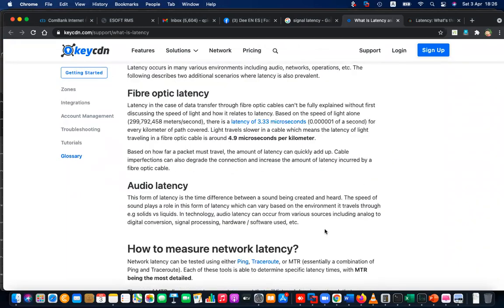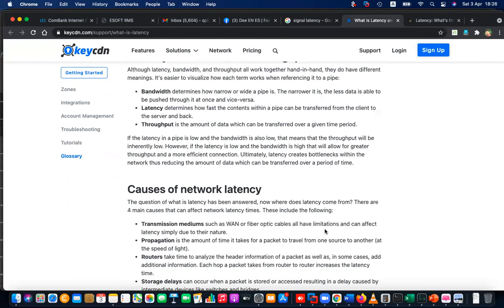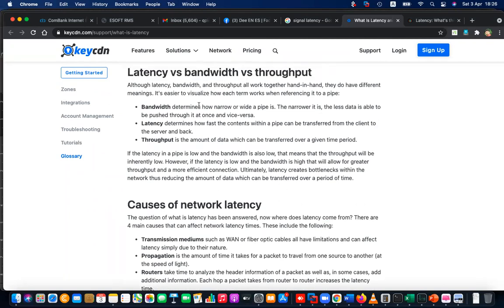So you can see there are a lot of considerations about latency, but you don't have that, right? So here, how they have given it: determine how narrow or wide the pipe is. The narrower it is, the less data able to be pushed through it at once, and vice versa. But this wording you will not be able to understand.